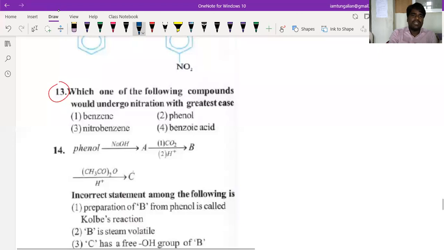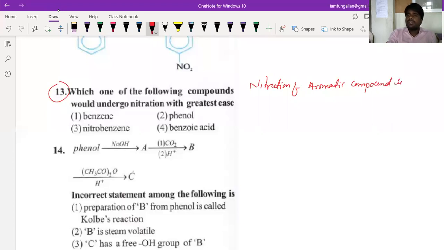Let me tell you the criteria. What is this, beta? This is your nitration. Nitration of aromatic compounds is an electrophilic substitution reaction.